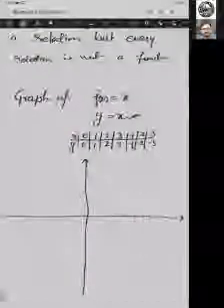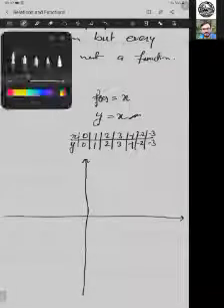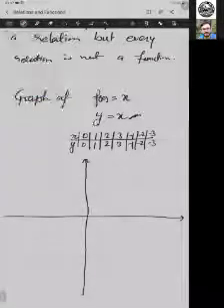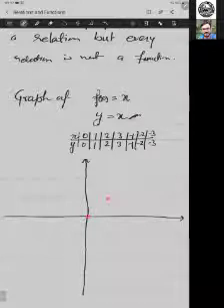Now see, when we are making its graph, let us mark the points. The first point, when x is 0, y will also be 0. This is the point. When x is 1, y will also be 1. When x is 2, y will also be 2. When x is 3, y will also be 3. Now x is -1, at that time y will also be -1. X is -2, then y must also be -2. X is -3, then y must also be -3.